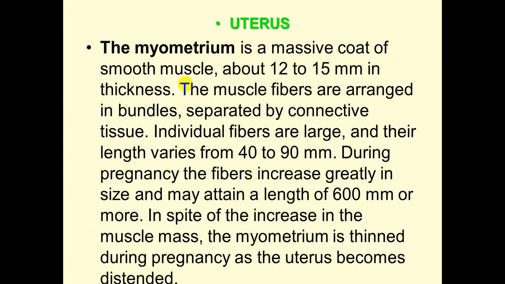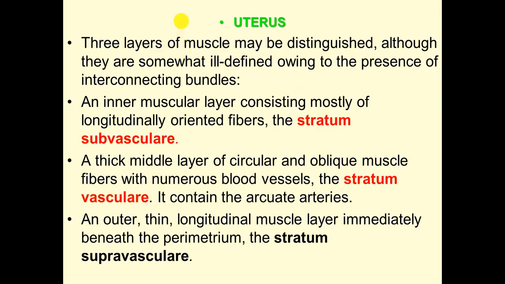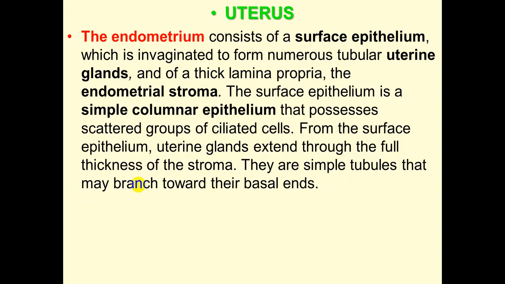Here are smooth muscle cells which can be subdivided into 3 layers: the inner muscular layer, stratum subvasculare, the middle layer, stratum vasculare, and the outer, stratum supravasculare. These layers, especially the stratum vasculare, are very highly vascularized. Numerous blood vessels travel here.